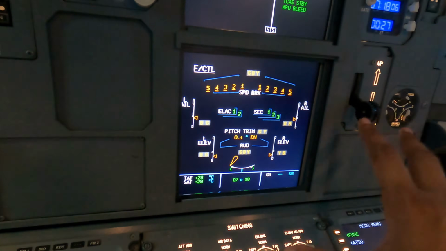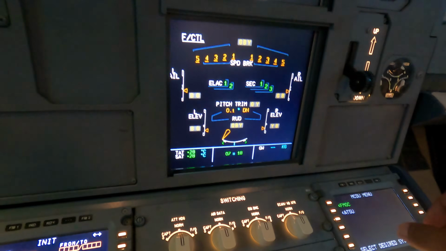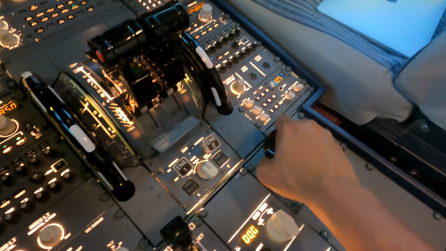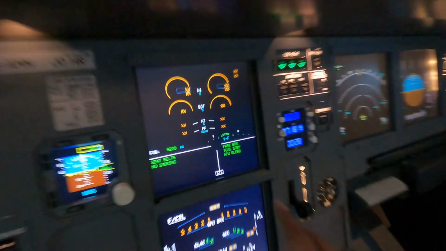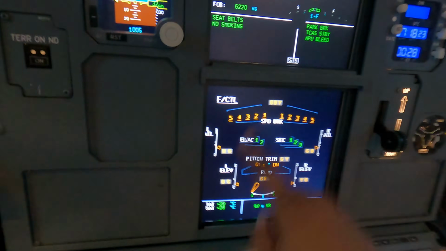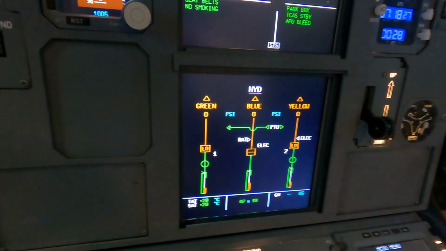Now that everything is depressurized, all right, watch what happens if I work the flap. So this is my flap indicator, right? I'm going to select the flap. I'm going to go with flap 1. I get the flap indication, but they're not moving because I have no hydraulic power to move them, all right?